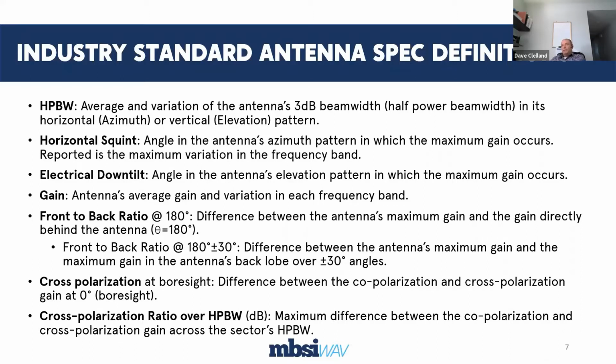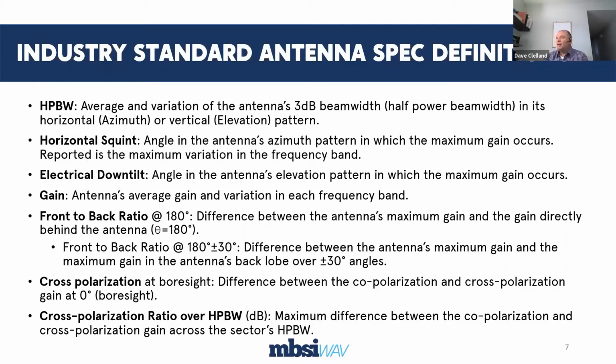If we had a purely vertical or purely horizontal antenna, we would find that as we go past the half power beam width, the attenuation of the antenna rises very quickly. In the case of a dual slant antenna, for example, all of these modern antennas that support 2x2 MIMO or MU MIMO, in the case of a four element antenna, the fact that all of those elements are in close proximity to each other causes the pattern to actually flatten out.